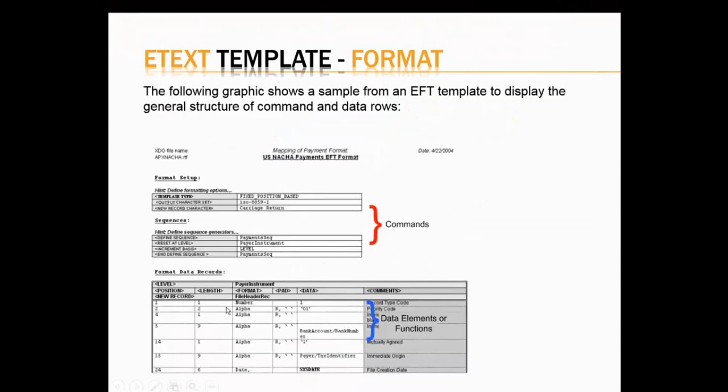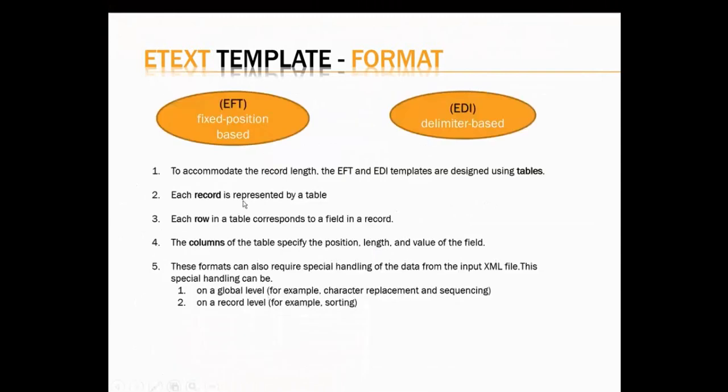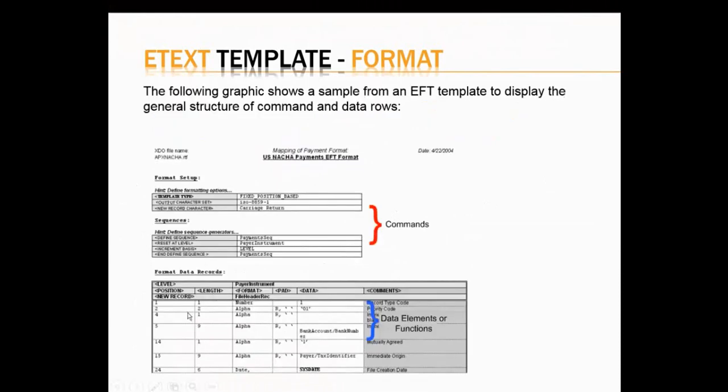So this is the format of the eText file, this is how we need to create an eText file. As I said, EFT and EDI templates are designed using tables. The data we plan to bring into the file has to be represented in the table.